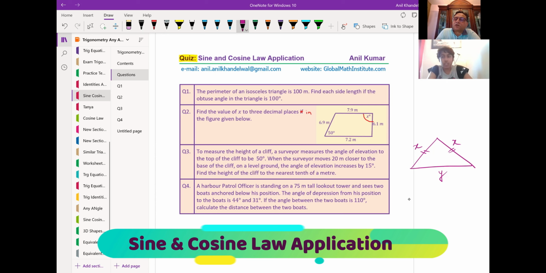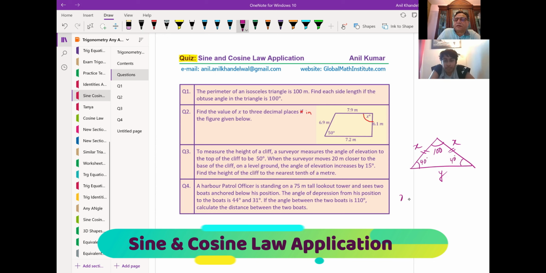We cannot have two obtuse angles because the sum is 180. Obtuse means more than 90. So that angle is 100, and the side y is the longest. Now the other two angles are 180 minus 100 divided by 2, which is 40 degrees, correct?